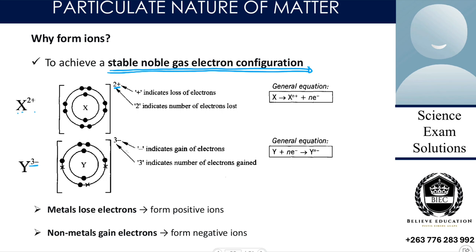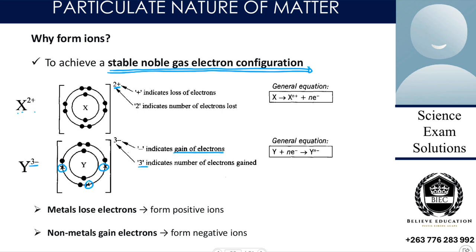So what does 3 minus mean? Minus means it gained 3 electrons, which means there are other electrons that were not originally there. Initially it had 5 electrons in the outermost shell, but it gained the other 3, and if you look closely it is left with 8 electrons.